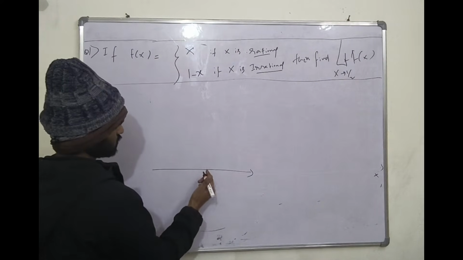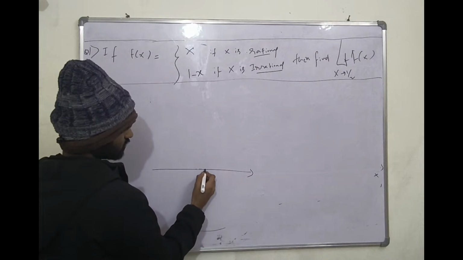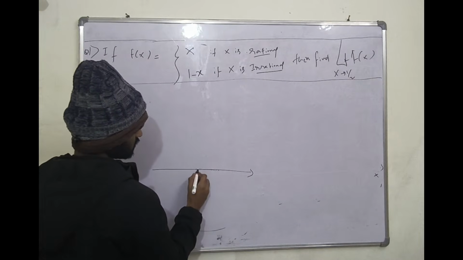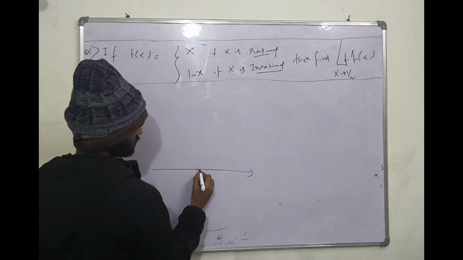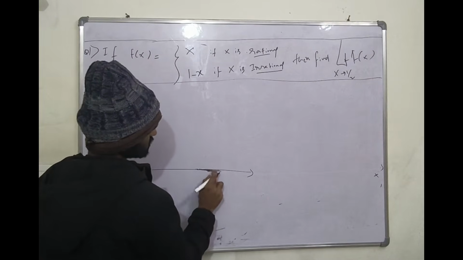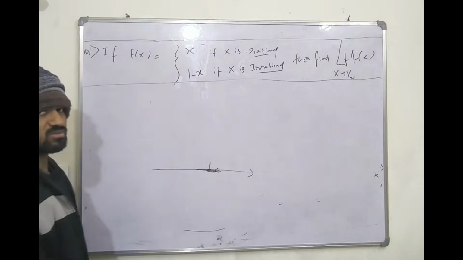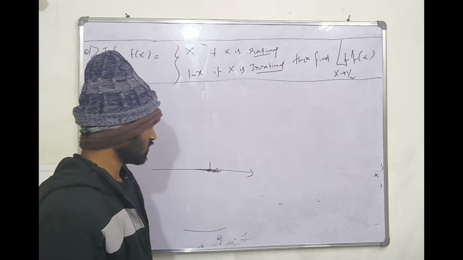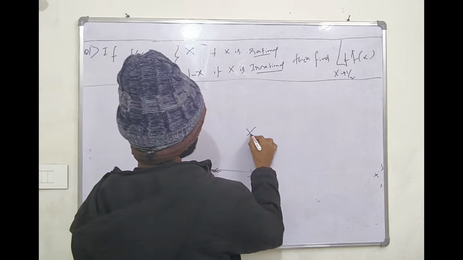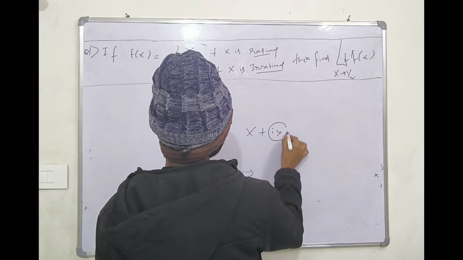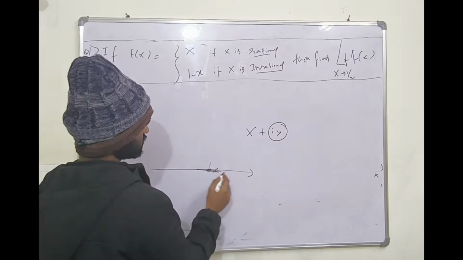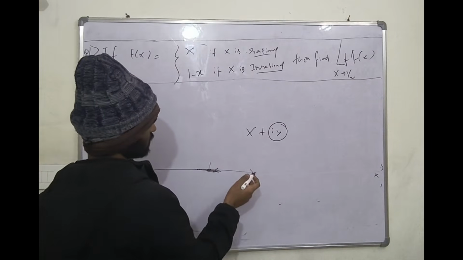So it contains infinite real numbers on the number line, and infinite complex numbers. A complex number is x plus iy, so if you keep y equals 0, then it is again a real number.